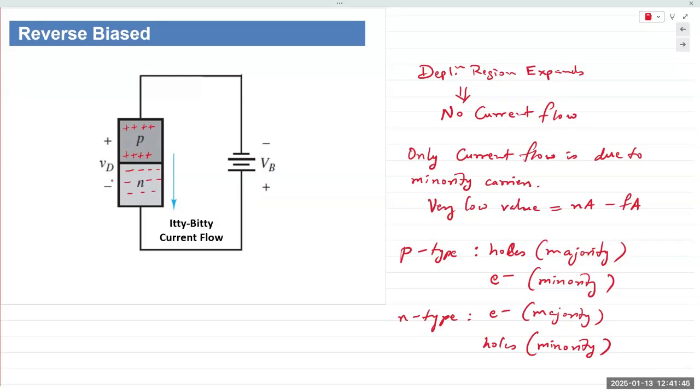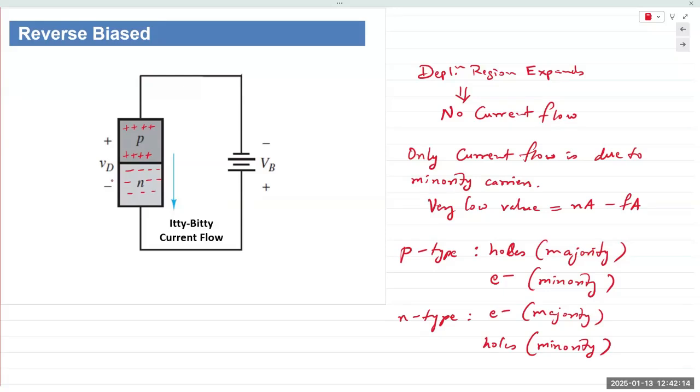So in reverse bias, the only current flow that takes place is due to the presence of minority carriers in both the p-type as well as the n-type. And because the minority carriers are very low in number, the actual value of the current is also very, very low. Typically, it is in the nanoamps or picoamps or femtoamps range.